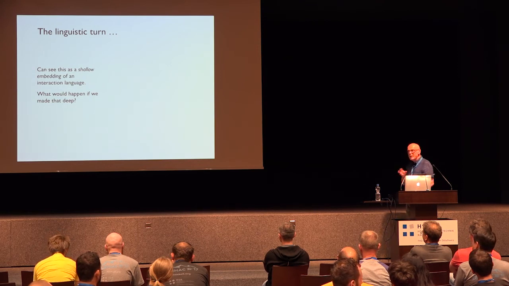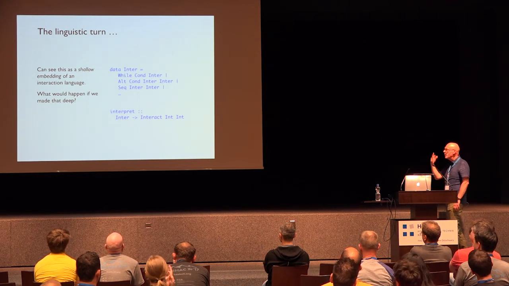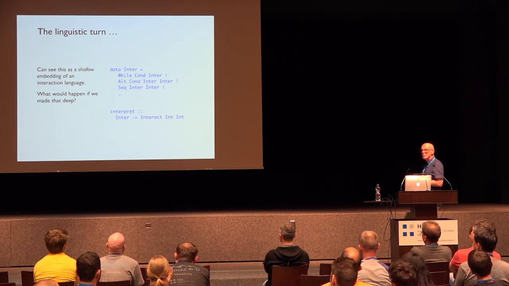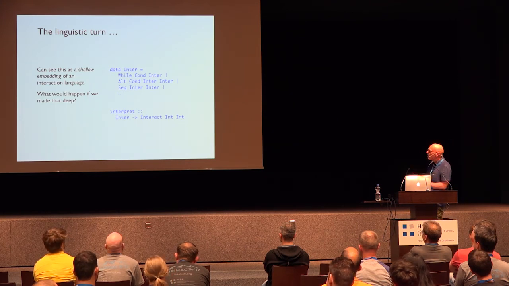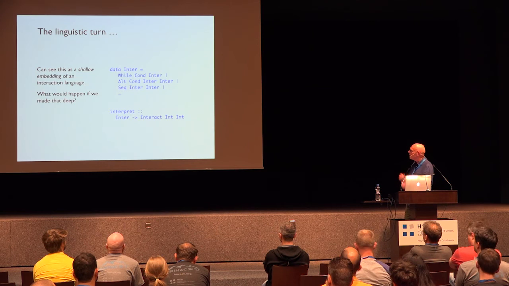So what if we were to make this a deep embedding? That would mean something of the form like this. We would have a data type that represented interactions. We could then do different things. We could interpret them, but we could also optimize them. We could also do transformations over them, and so on.